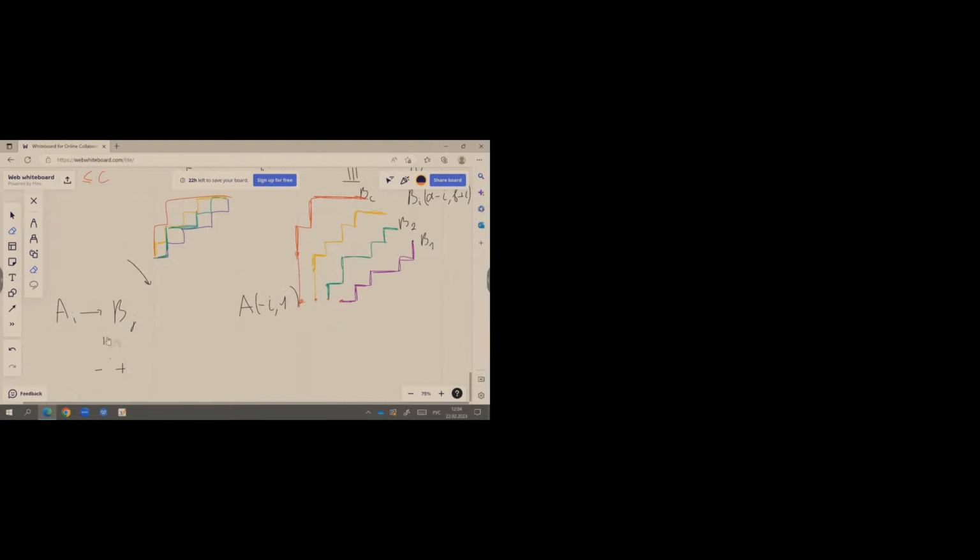The number of paths becomes what it becomes.